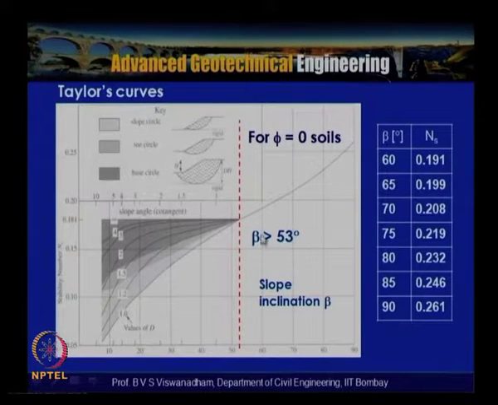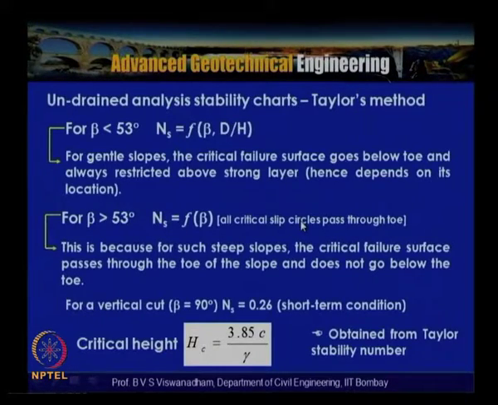Why this is being shown is that it is used in designing some of the centrifuge model tests, particularly with slope inclinations greater than 53 degrees, for showing the stability of a slope under undrained conditions.